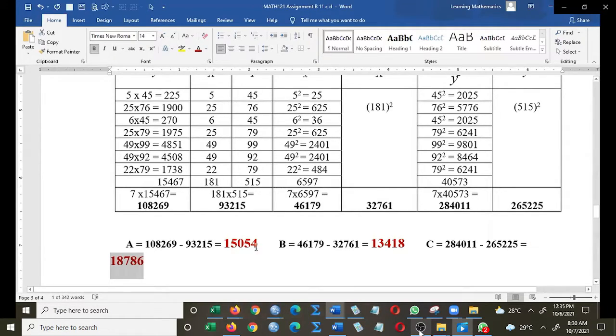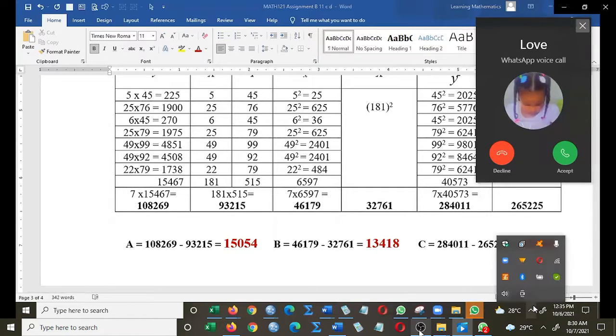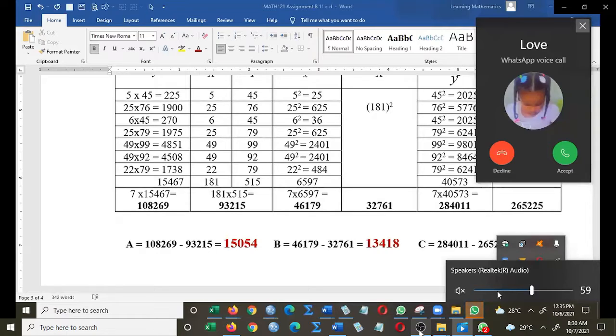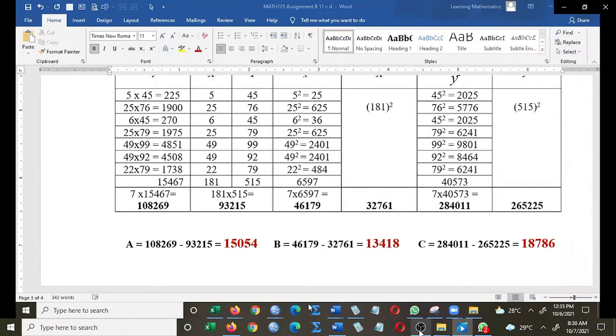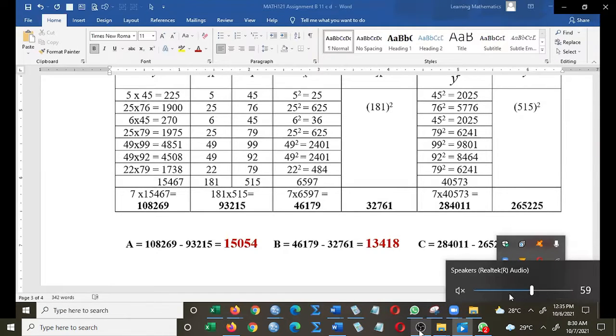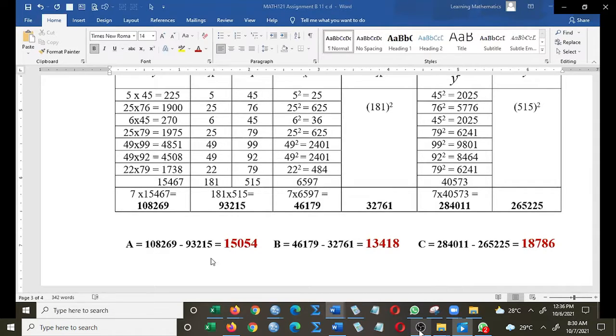Okay, A, B, and C. So therefore now, all right, therefore, now we're ready to substitute those 3 numbers.